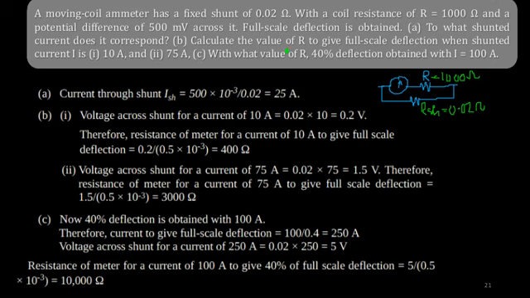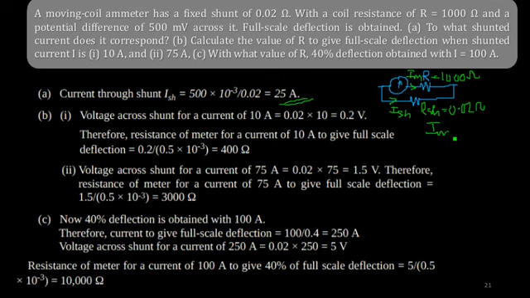Now you have a full scale deflection being obtained, and it's also given that you have a potential difference of 500 millivolt across this. So once you know the potential difference, you can easily calculate the current flowing through these two paths. Now ISH is given by 500 millivolt divided by the shunt resistance. So that will be 25 amperes. Now how will you calculate Im?